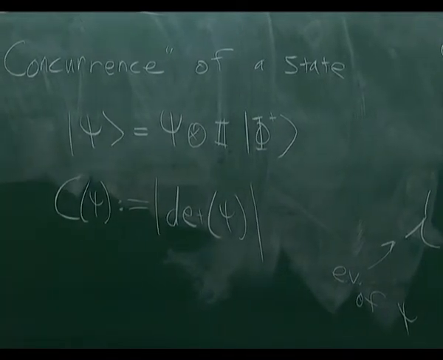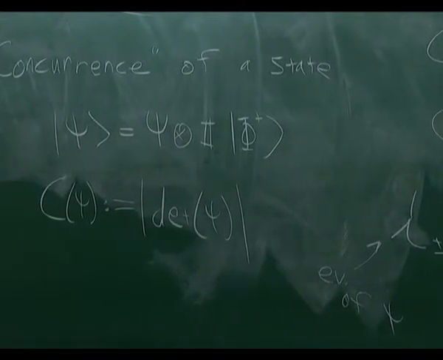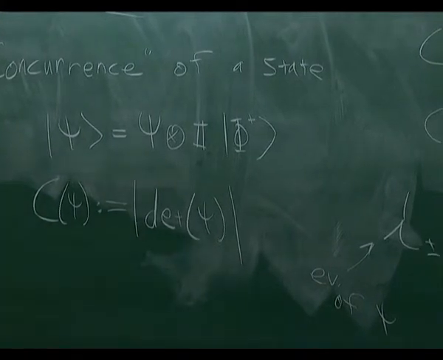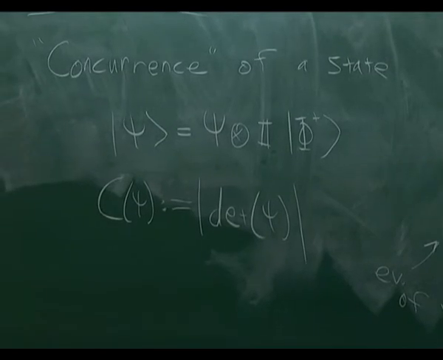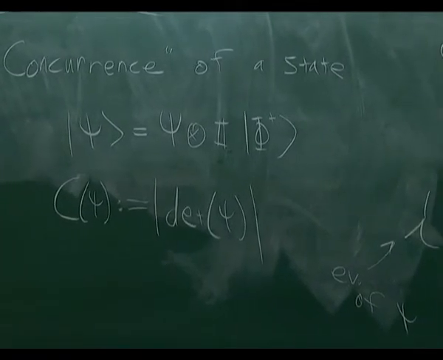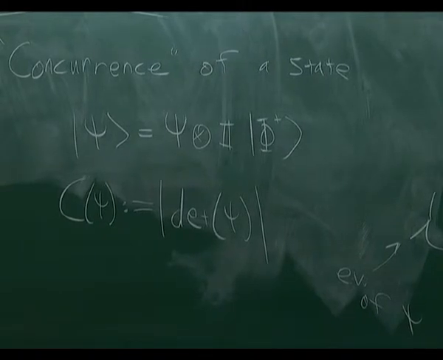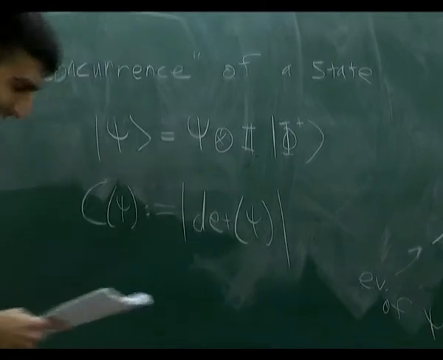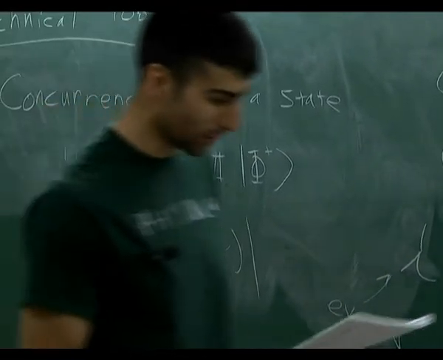For 2 qubits, as far as detecting entanglement, they're the same, because the state will be entangled if and only if its concurrence is non-zero, if and only if it's not PPT. We'll chat at the break.